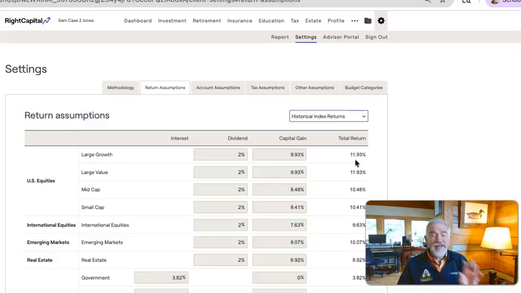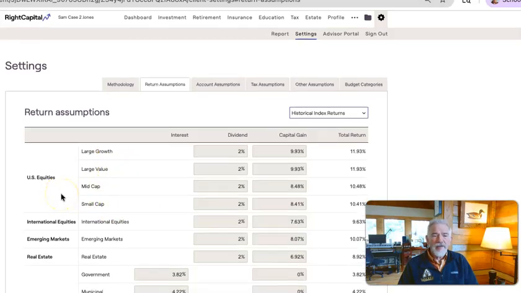Okay, so that's the concern with some advisors, is that when we look at what's the environment that we're in today and going forward with the economy, then will we be seeing these types of returns? And so there are options provided for us. But let's just stick with historical returns. And as you can see here, when we talk about U.S. equities, there are certain returns that are kind of embedded there depending on the type of U.S. equities that would be held by the portfolio.